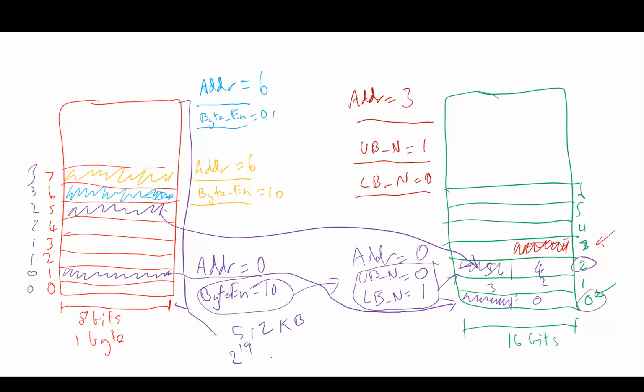But now, because in here we still have 512 kilobytes as well, but only every 2 bytes is addressed, that is why you have 2 to the 18, or half as many addresses. That is a big hint.